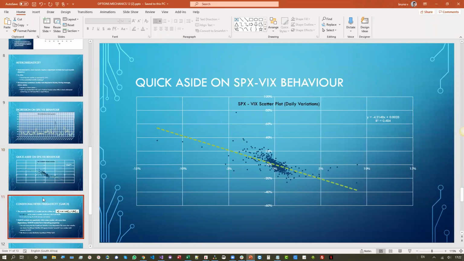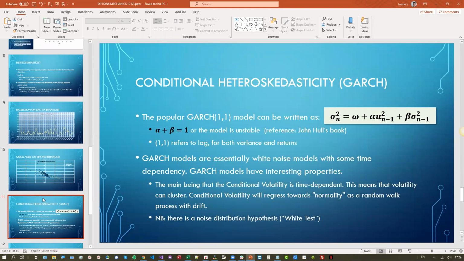So I'm getting to what I mentioned a little while ago. We are now going to look at conditional heteroskedasticity, which is a slightly more advanced autoregressive model. It's called generalized autoregressive conditional heteroskedasticity.